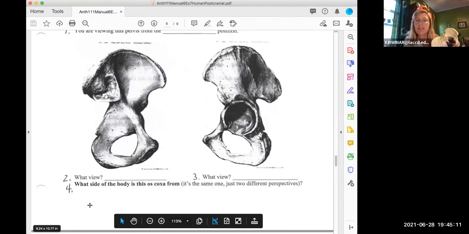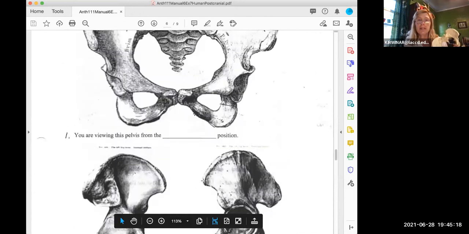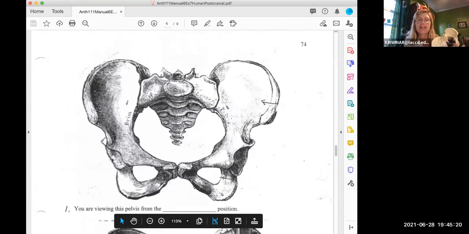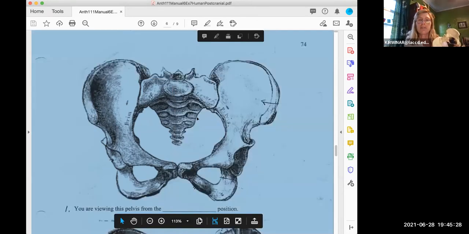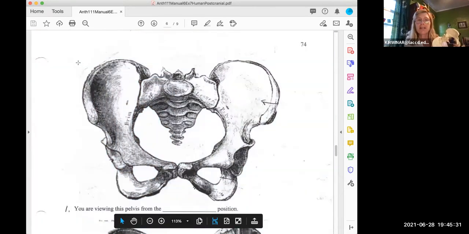It's the same one, just two different perspectives. So number 2 is what view, number 3? I'll get to those in a moment. But before I get to those, let's label all the different features of a pelvis on the top drawing of a complete pelvis. So do you remember the 3 sections of each os coxa?